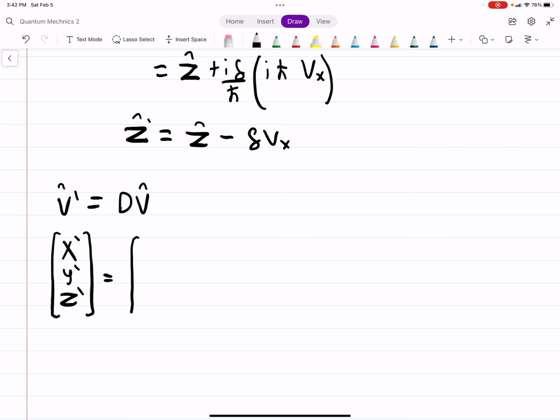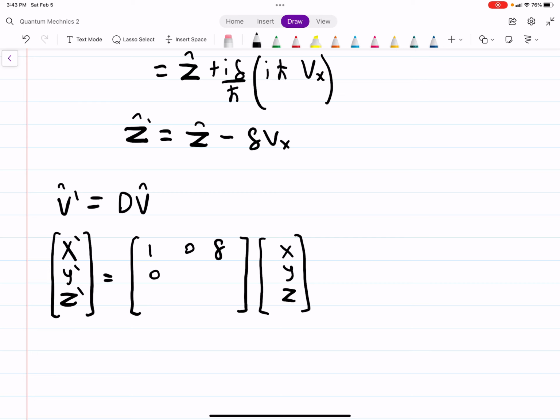We're going to have this matrix here multiplied by x, y, and z, which are unchanged. And if we think about what this needs to be, if we try to multiply this matrix here, well, we had an x, so 1, nothing about the y, and delta. So if you multiply this, this is just x plus delta z, which is what we wanted.